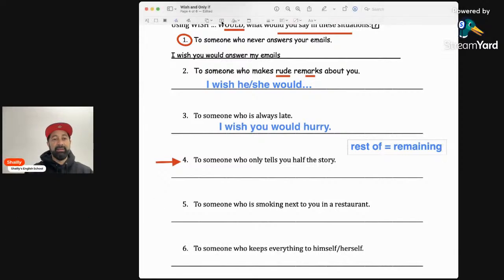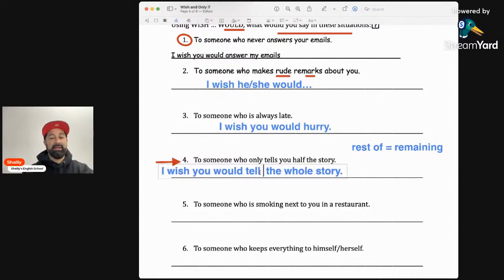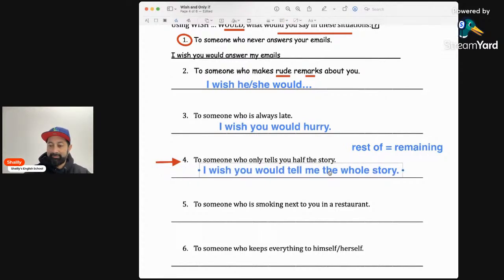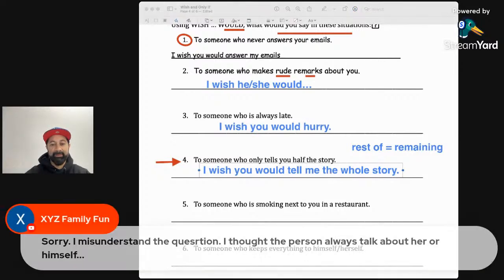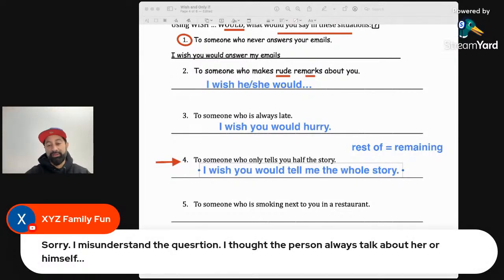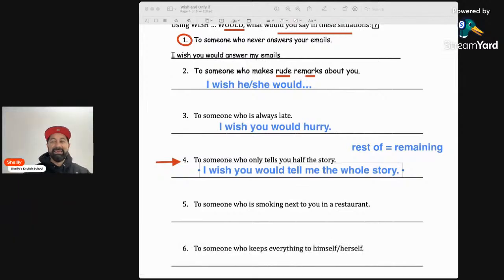For me, my answer would be, "I wish you would tell the whole story." And then I would even say, maybe "tell me the whole story." You misunderstood the question. I thought the person was only talking about her or himself. That's no problem. This person is only giving half the information, half the story.